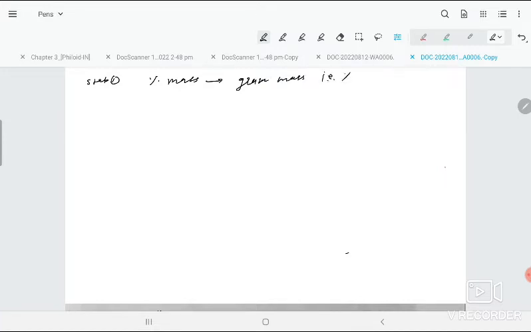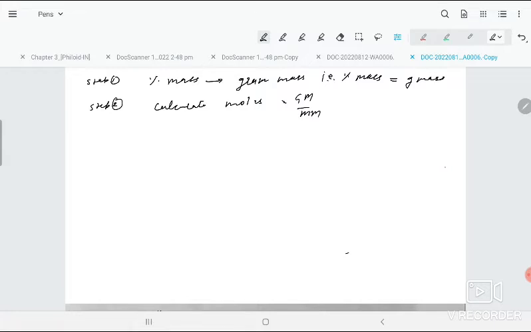The percentage mass itself is equal to gram mass; we only need to remove the percentage. Step number 2: calculate moles. How can you calculate moles? Given mass upon molar mass.